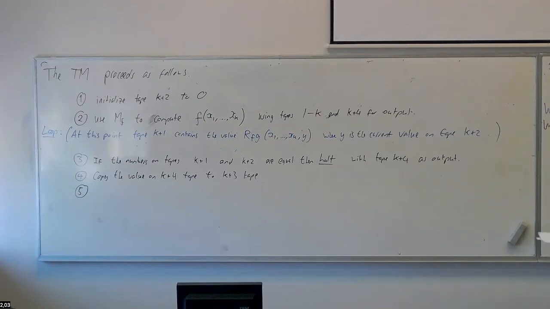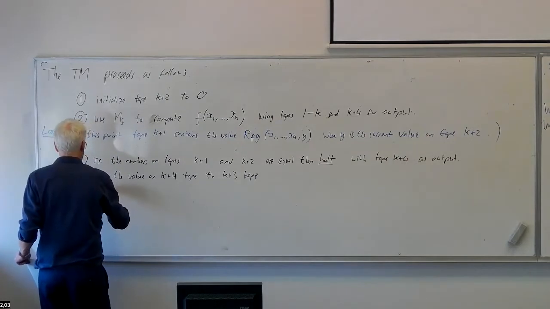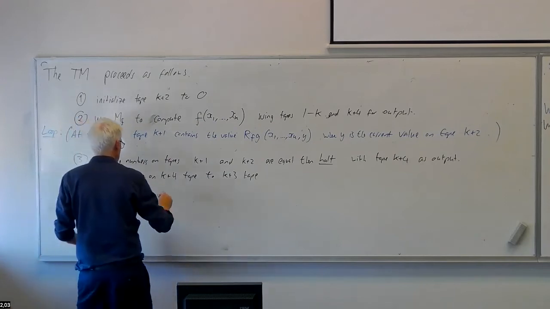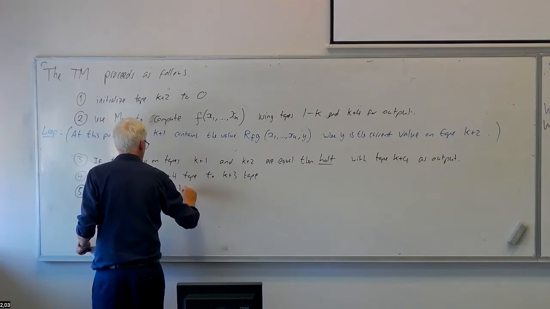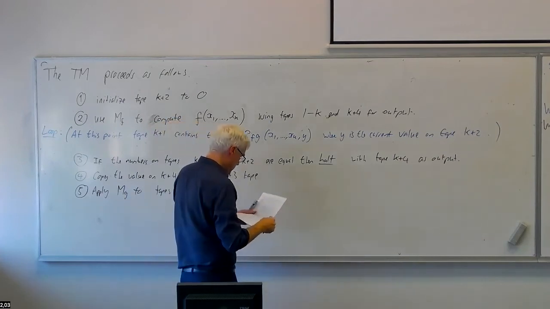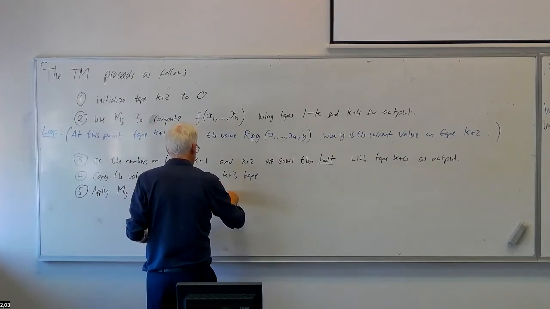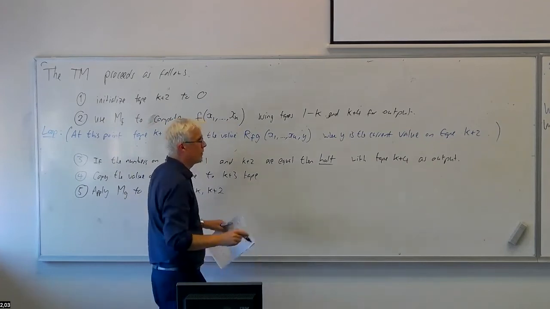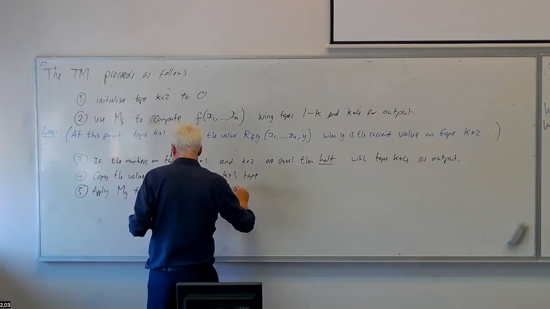So we apply MG to tapes 1 through to k plus 1, sorry, k plus 2, which is the current value of the counter, and k plus 3.